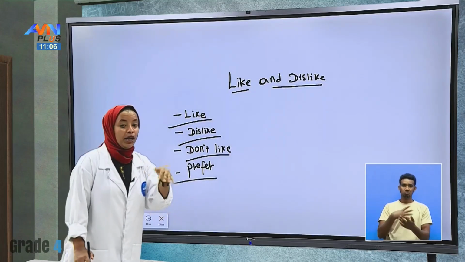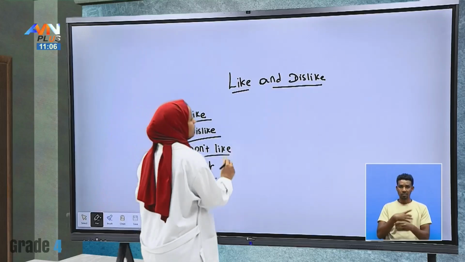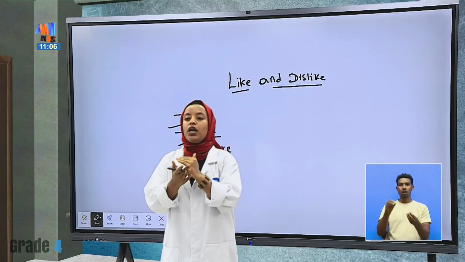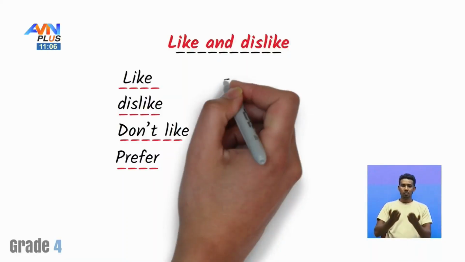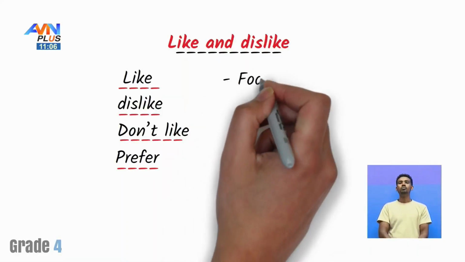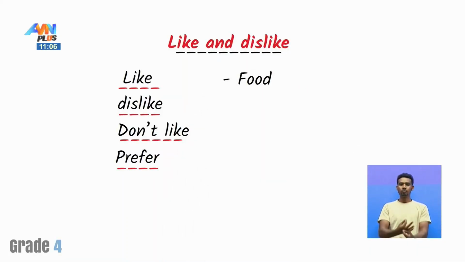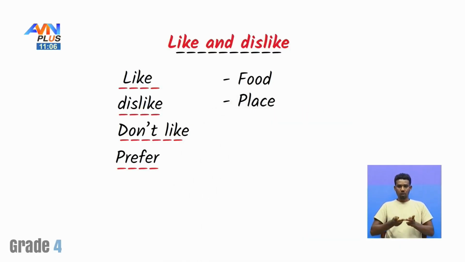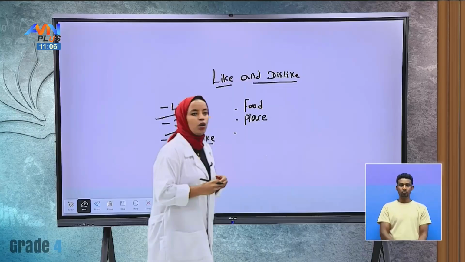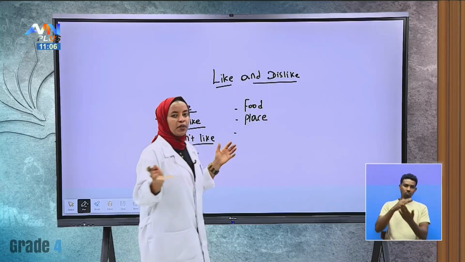And also let us add something. When we come to like and dislike, you can use different things as a favorite, maybe food, and also place, and also subject and topics.